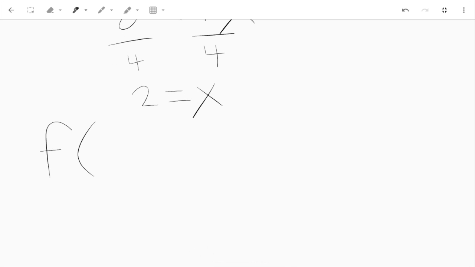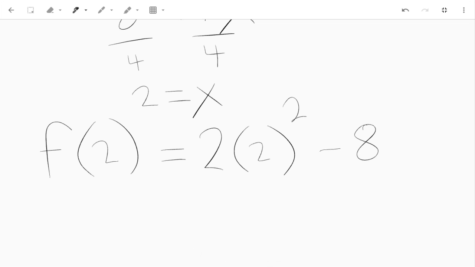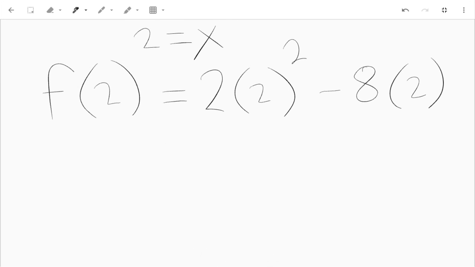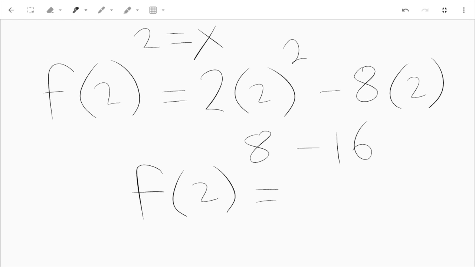So f of 2 equals 2 times 2 squared minus 8 times 2. That gives us 2 squared is 4 times 2 is 8. Negative 8 times 2 is negative 16, which means f of 2 is negative 8.